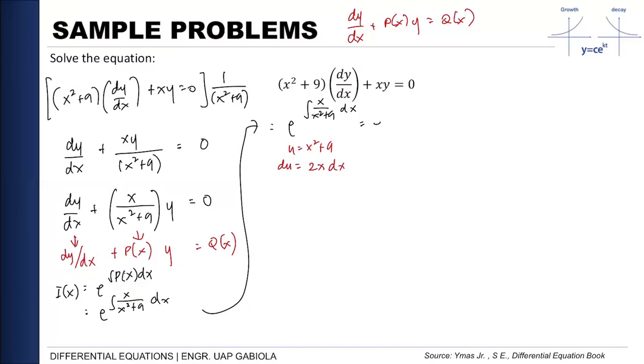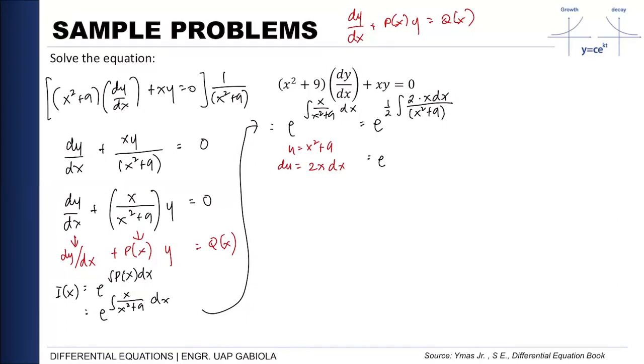No? So, we are missing 2. Okay? So, kailangan introduce tayo na 1 half para maipasok yun 2 doon. So, 2 over 2 yun, kaya equal to 1 lang din yun. 2x dx. And then, this is just x squared plus 9. Okay? So, yeah. Once na meron tayo niyan, that is parang du over u na lang.